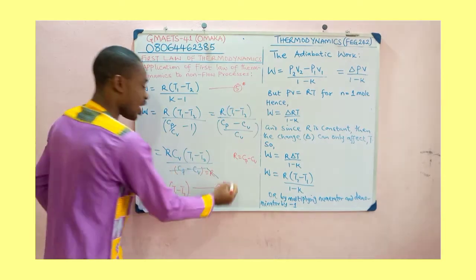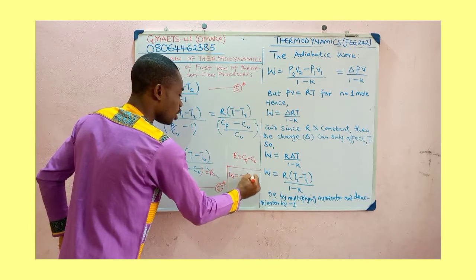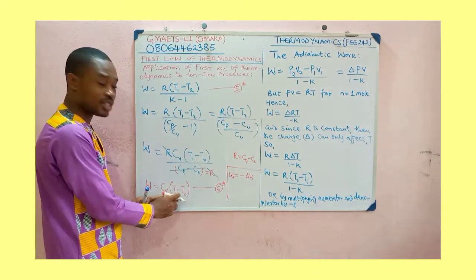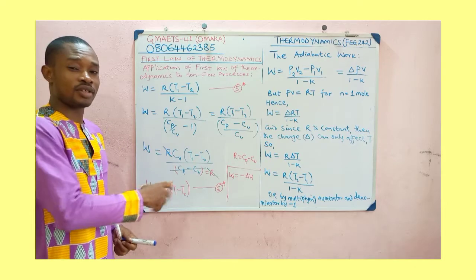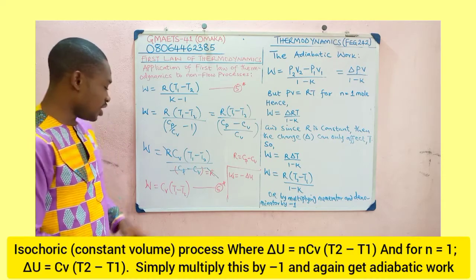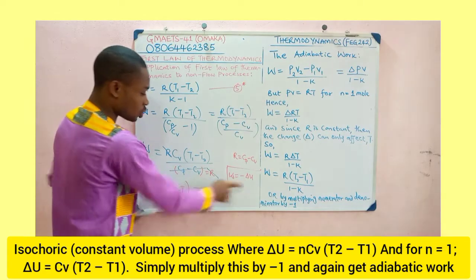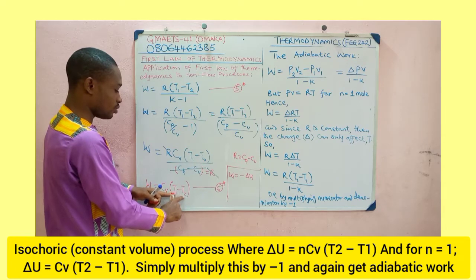Remember that the adiabatic work is equal to minus change in what? U. You can see this very clearly. This Cv(T1 minus T2), we encountered it, very similar to this in isochoric process. The only difference is just the order of arrangement of the temperature. Okay, which we can actually work on if we know that W is equal to Cv(T1 minus T2).